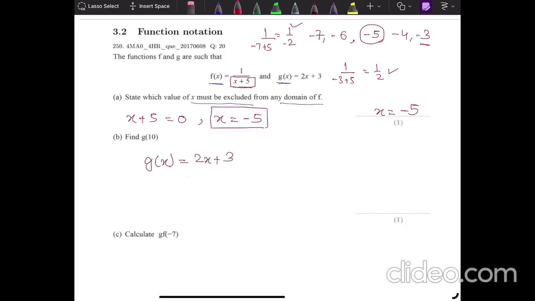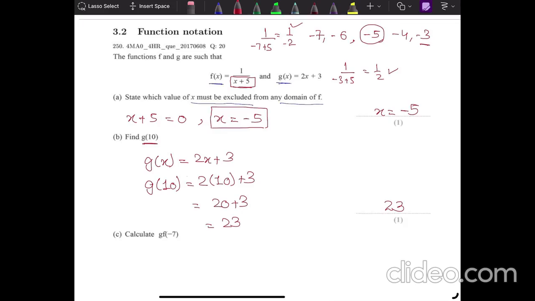Now he wants g(10). g(10) means basically in the place of x he needs the input to be 10. So I will place the input of x as 10 and see what answer I get. So 20 plus 3 will result in 23. So we will say that g(10) is equal to 23. That would be our answer.